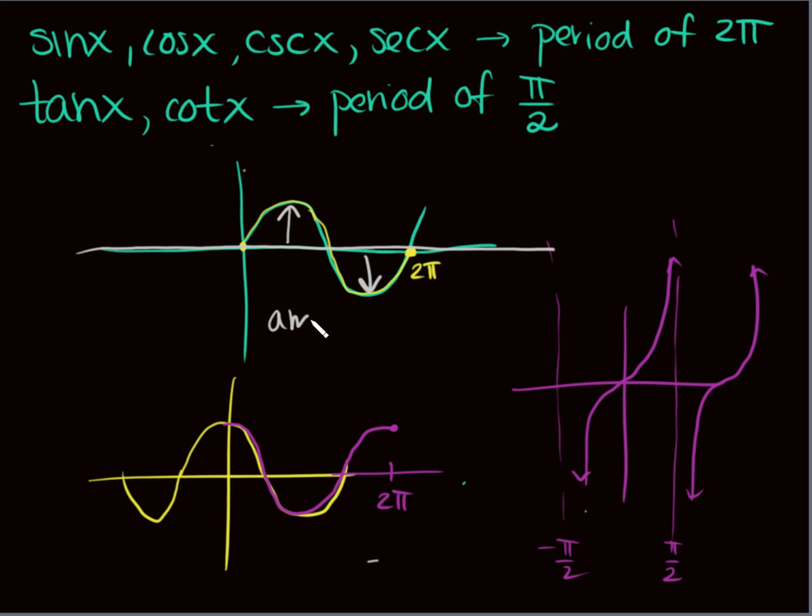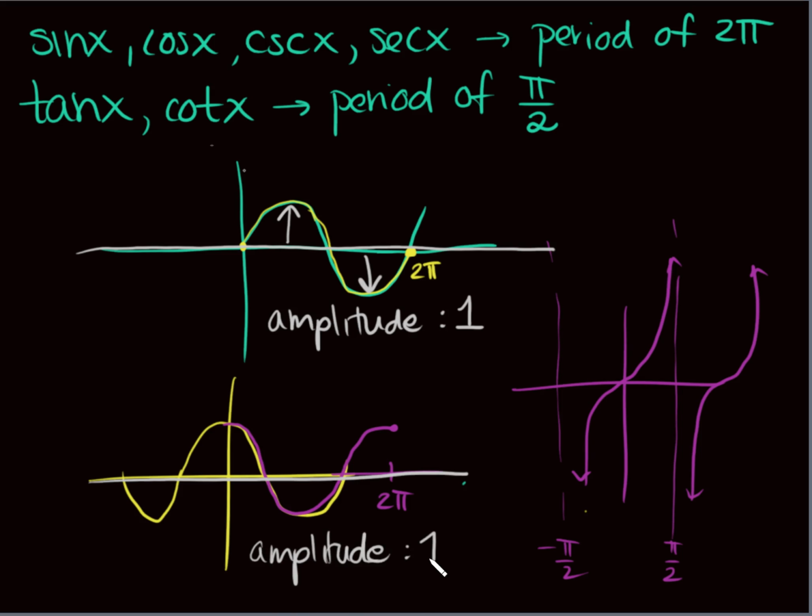So the amplitude, if you get any questions about that on your homework, which maybe you will, is 1. Same thing if I cut cosine in half. The amplitude of cosine is also 1, and we'll talk about that more in the next section.